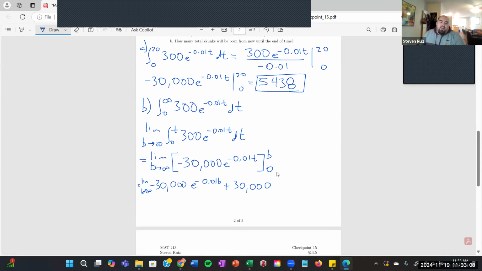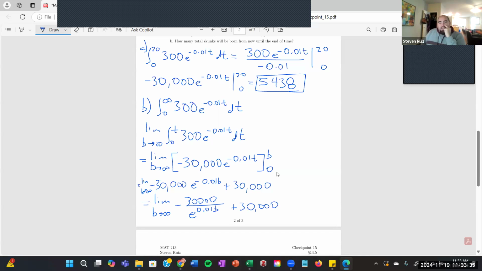So it's 30,000, that's settled. But what's going to happen to this other term here? What's going to happen as b goes to infinity? It might be easier to think about that if we rewrite this. So the limit as b goes to infinity of negative 30,000 over e to the positive 0.01b plus 30,000.